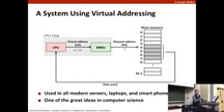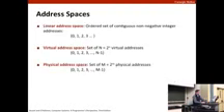Well, it turns out there's all kinds of good reasons to virtualize the address space. Before I can explain those to you, let me just define a few terms. An address space is a set of addresses. So an address space is a set, not of data bytes, but of the addresses of those bytes.